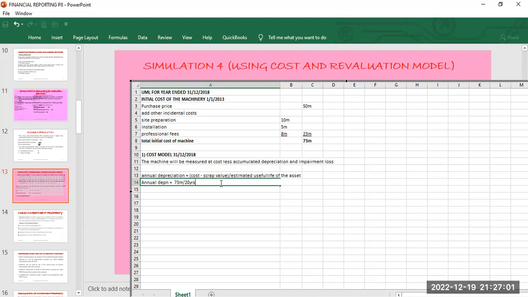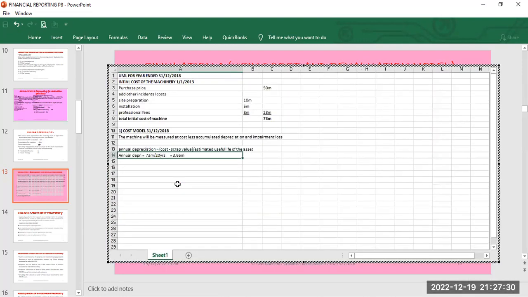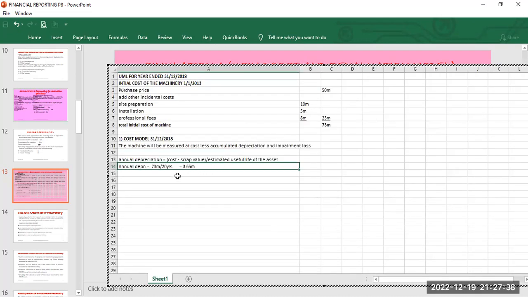If it is 20 years, then you find the annual depreciation. And this will give us 3.65 million. That is the annual depreciation.